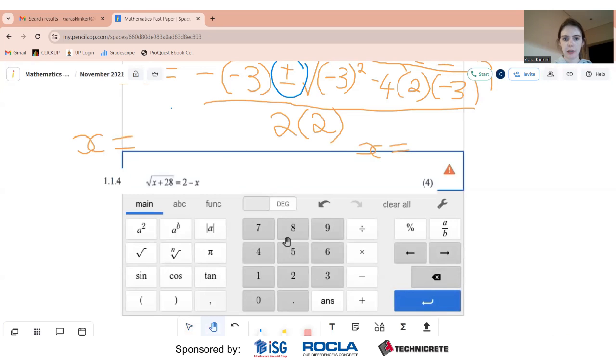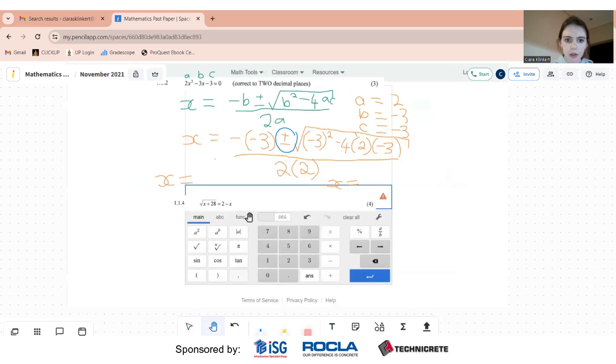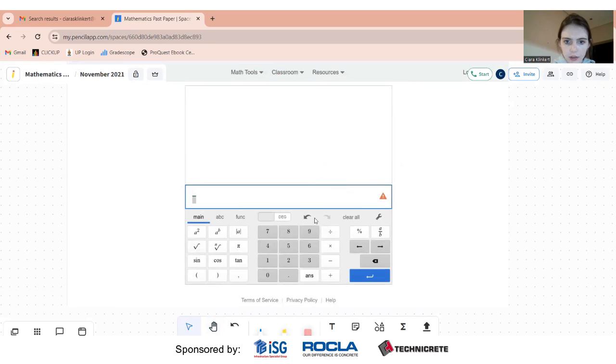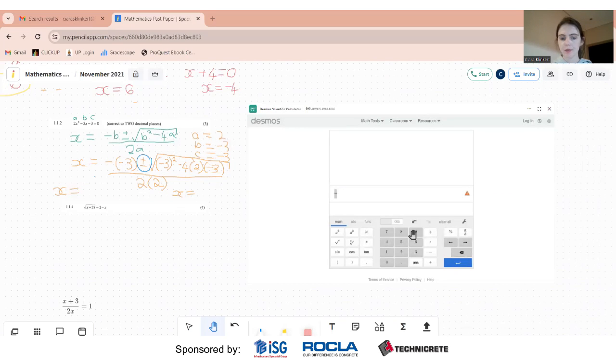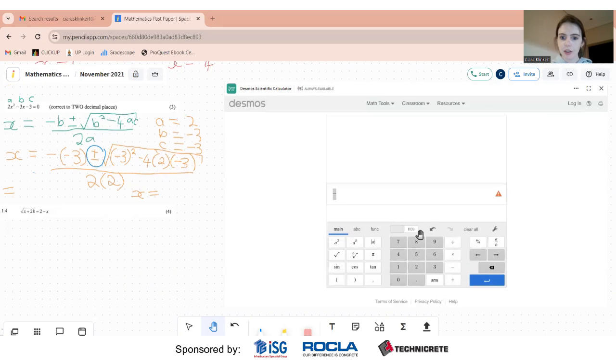Sorry, this thing is very difficult to use. I'm just going to move to the scientific calculator app. How on earth do I do that? Sorry about the technical issue. I've figured out how to use the calculator.